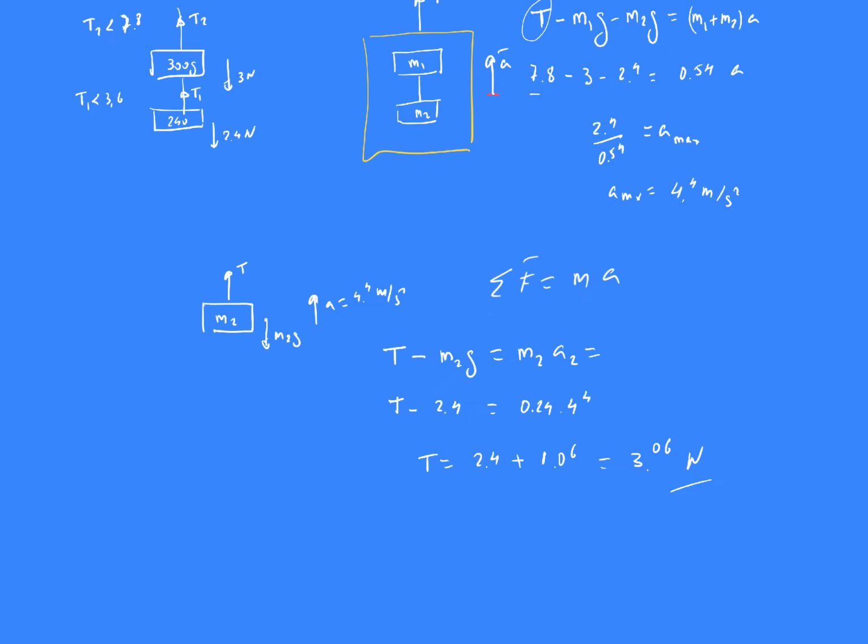So if I apply a tension bigger than 7.8, the rope that is here will break, and this one will not break. So I have answered both questions. Good luck.